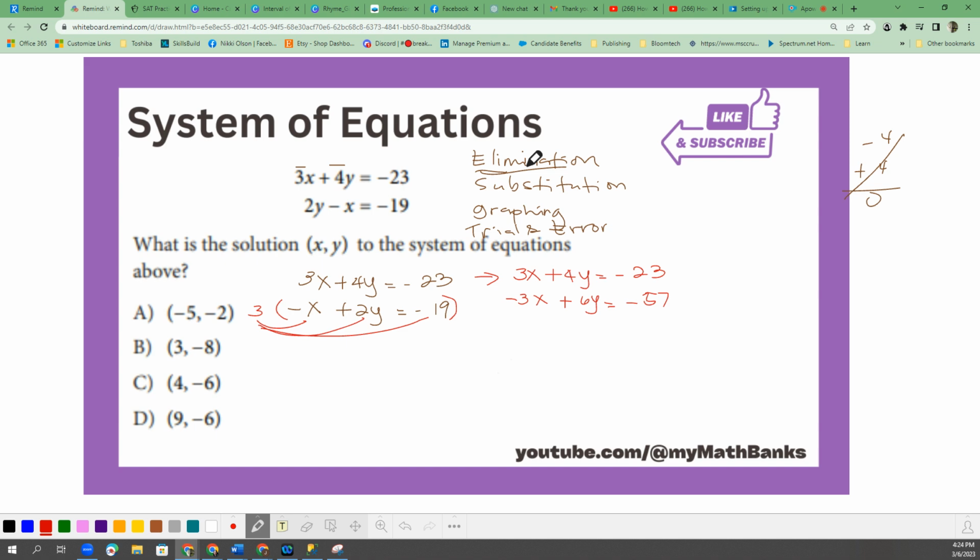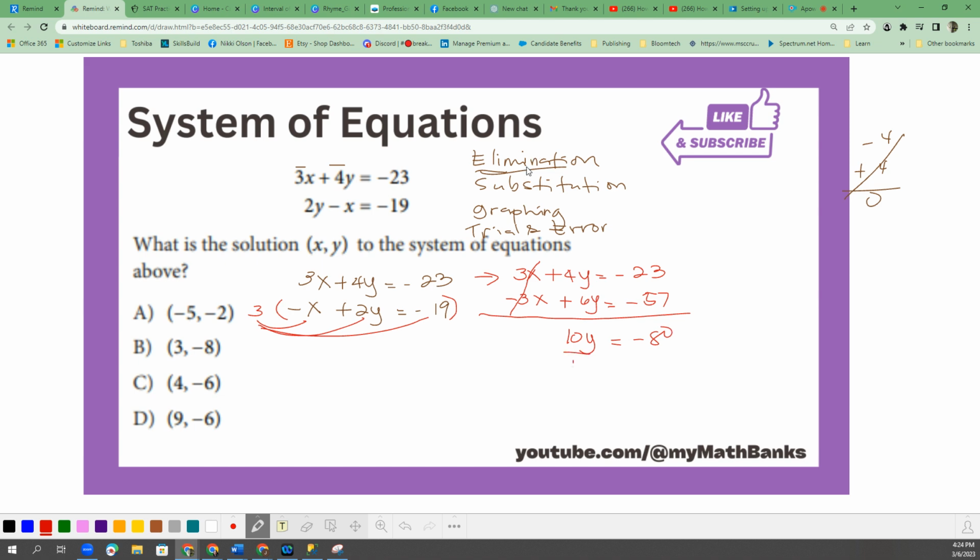Now that I have positive 3x and negative 3x as coefficients of x, I can add the two equations. When I add 3x plus negative 3x, that becomes 0. See, that's eliminated. That's why it's called elimination. So I'm going to have 10y equals negative 80.